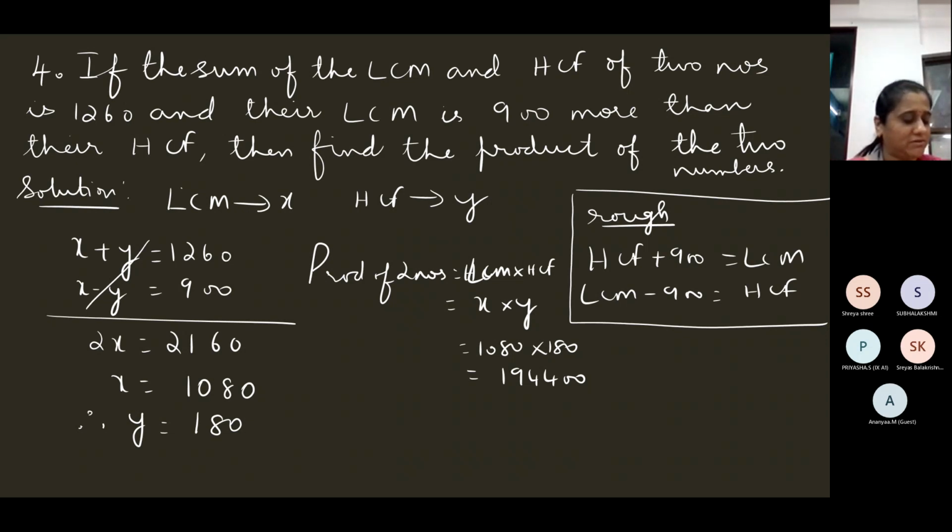You've not mentioned that. X is the HCF. Okay, and LCM plus HCF is equal to 1260. Correct. Yes. X is equal to 180. So if X is 180, the other number will be plus 900. Perfect. Very good.